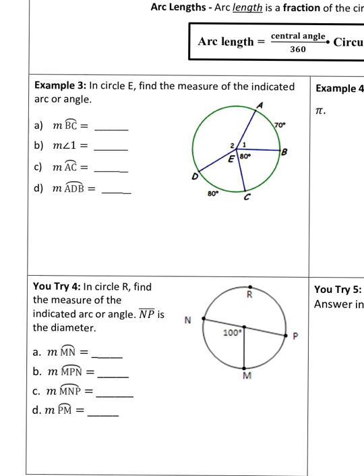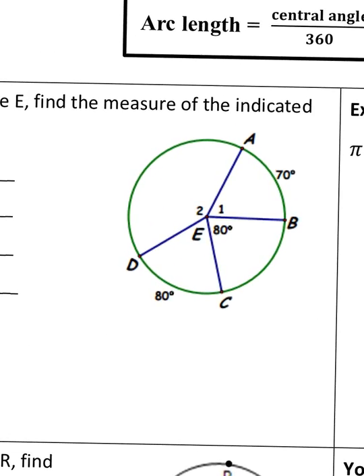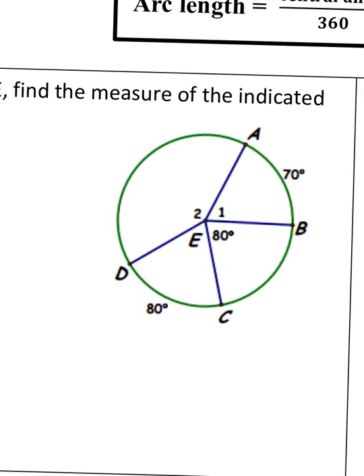For this next example, what they're looking for is specific arc measures and actually an angle measure as well for angle 1. First thing I would do for problems like this is just focus on the circle that they give you. Try to fill in everything else that you can. First thing I notice is the arc measure they give me here is 70 degrees.